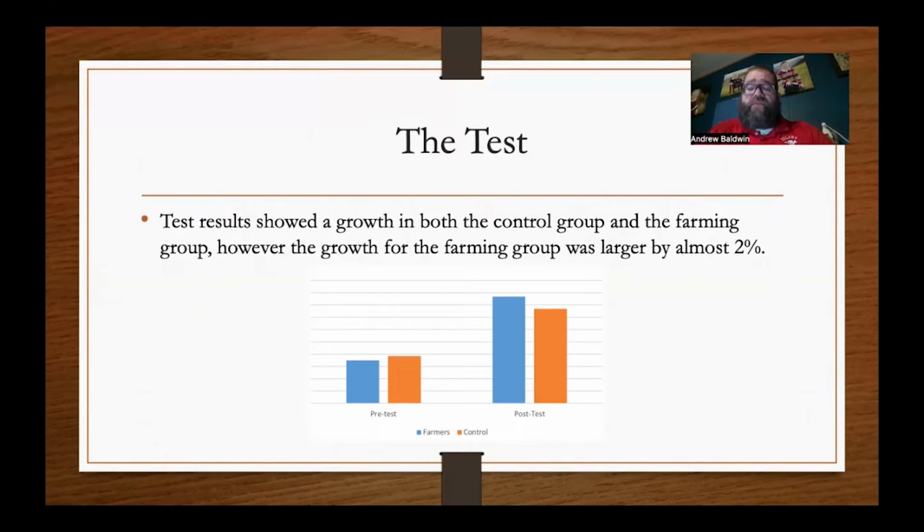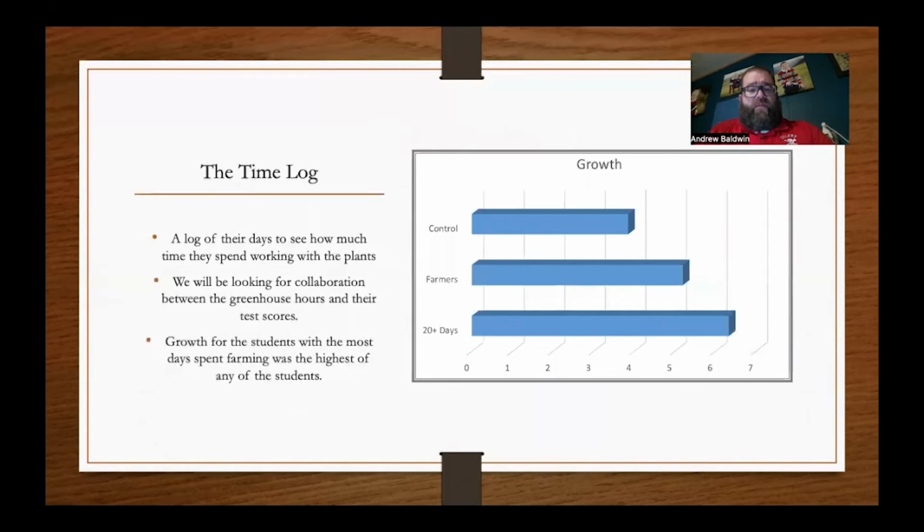However, the growth for the farming group was larger by almost 2%. So on average, your farming group did grow more than did the control group when taking this test. Thought that was pretty good results. One interesting thing with the log of their days to see how much time they spent working with the plants, the kids that spent the most time had the most growth.